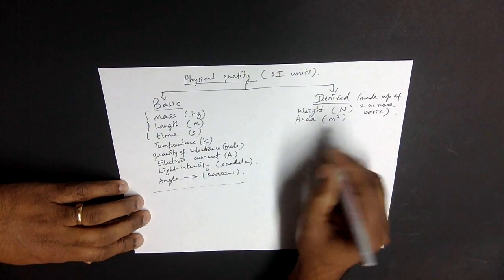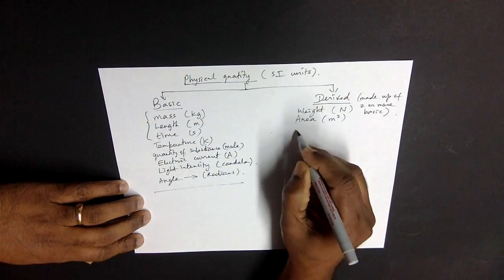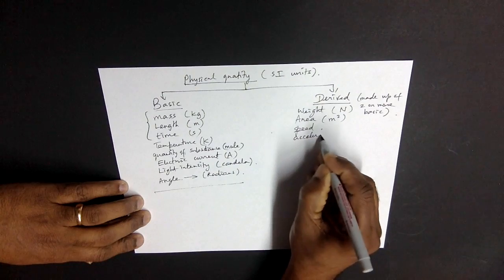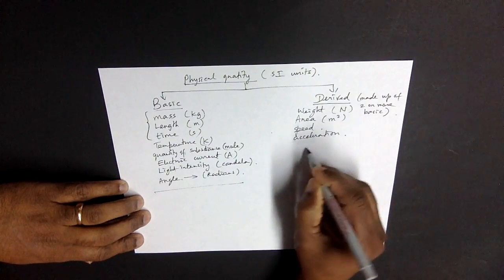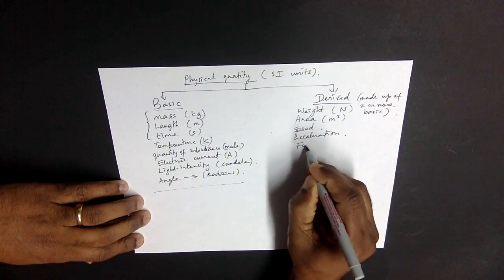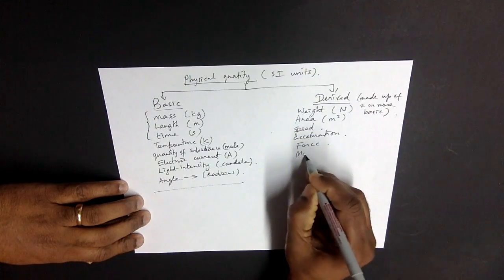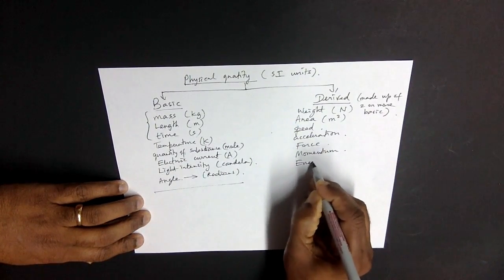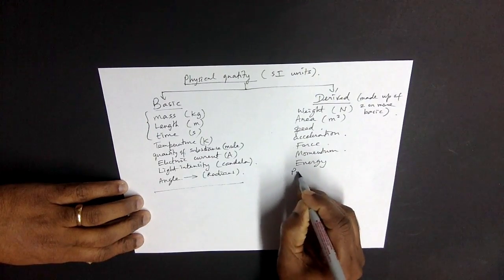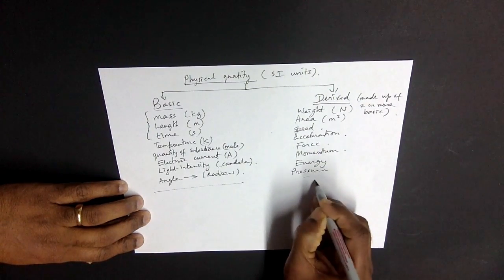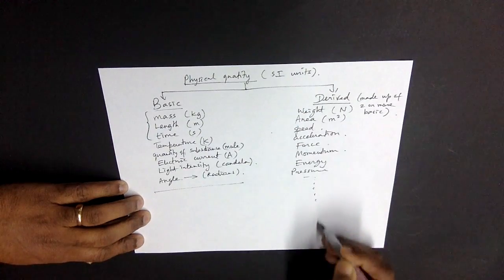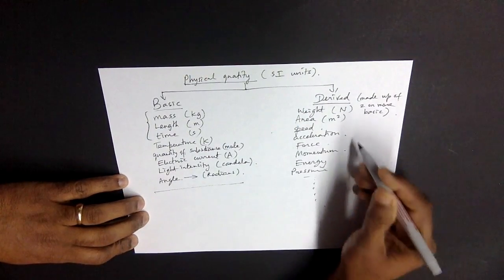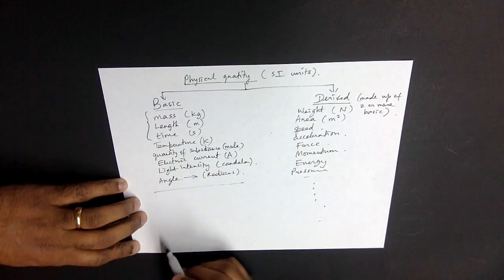Any quantity that you're going to say from now on is going to be derived, like speed, acceleration, force, momentum, energy, pressure, and this list is endless. This is an endless list because you have thousands and thousands of these. These are just the basics.